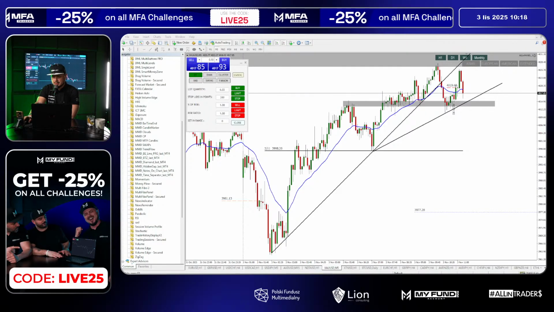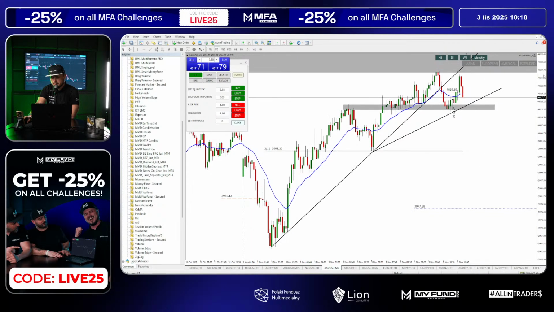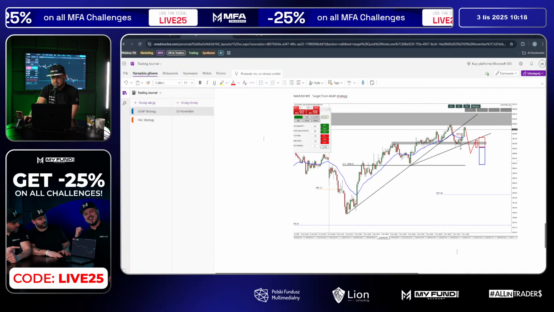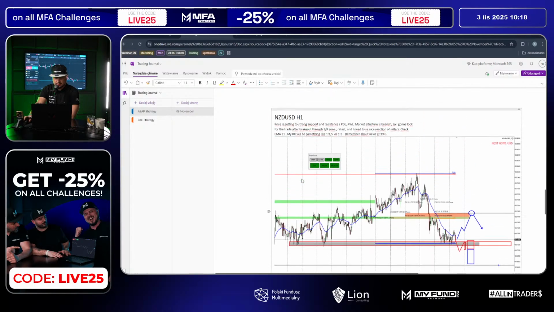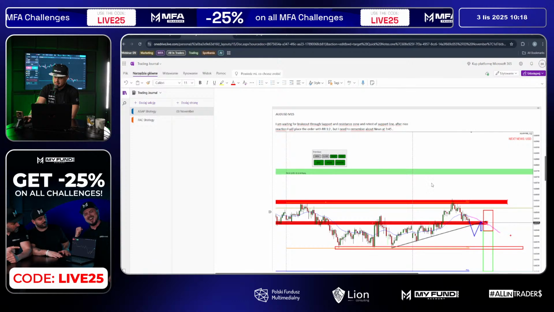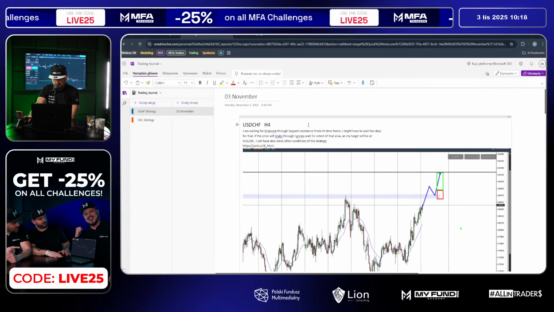Okay, guys, probably we're going to have to wait for this setup. So the plan is ready. We will see if I see any situation like this on gold, on the New Zealand dollar or Australian dollar, or maybe USD JPY is already set.